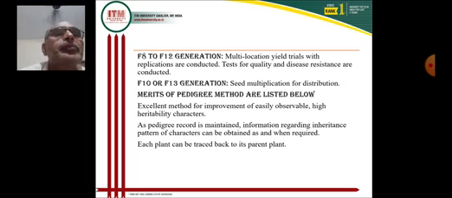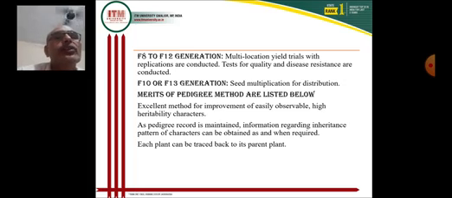Merit of pedigree method are listed as below. Excellent method for improvement of easily observable high heritability character.